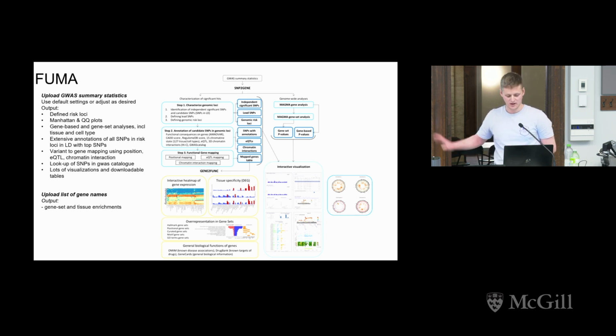Also, as a side part of SNP to gene, it will run MAGMA, which is a tool to do gene and gene set based analysis, where it will aggregate the association statistics of all your variants together into genes, and then give you a p-value for genes. The gene set analysis then looks for enrichment in p-value in the genes in a gene set versus all the genes not in that gene set.